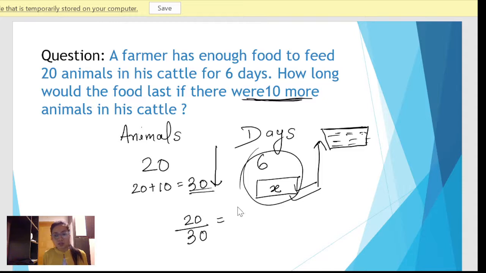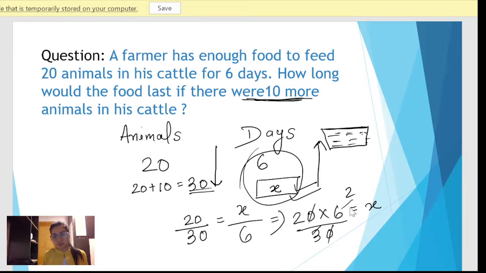So X by 6, which will give 20 into 6. Here I can write X by 30, and the value of X will be 4. That is the number of days the food will last for 30 animals. It will be 4 days.